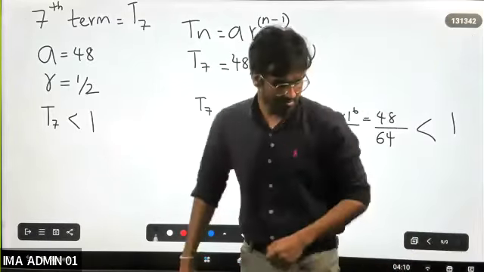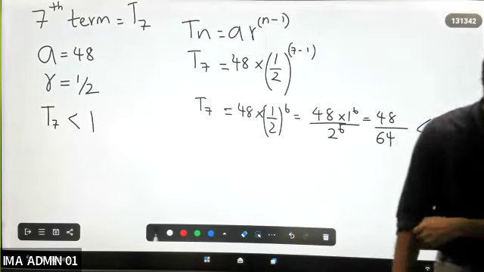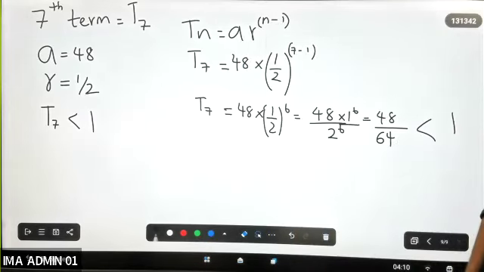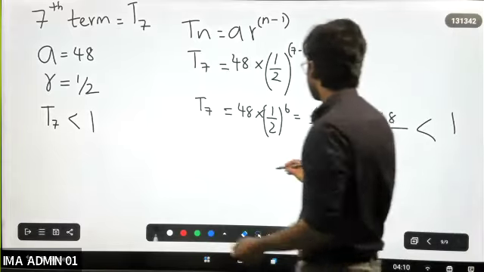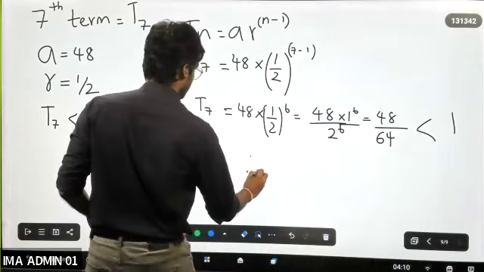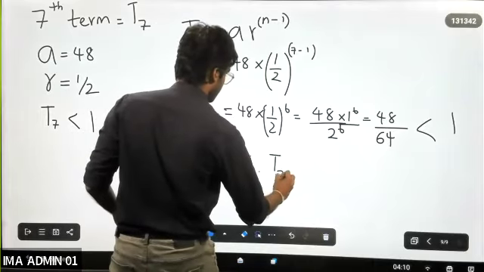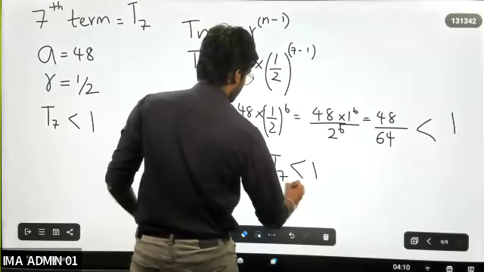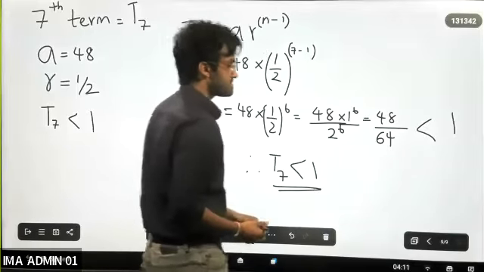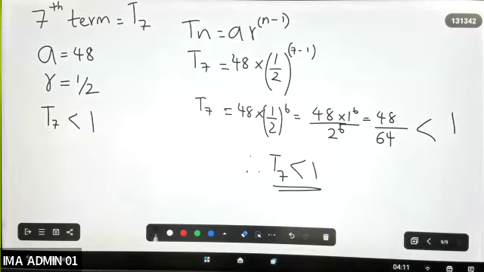So that's it. We have proven the thing, and we write down at the bottom that because of this, T7 is less than 1. Right? That sums up the 7th question.